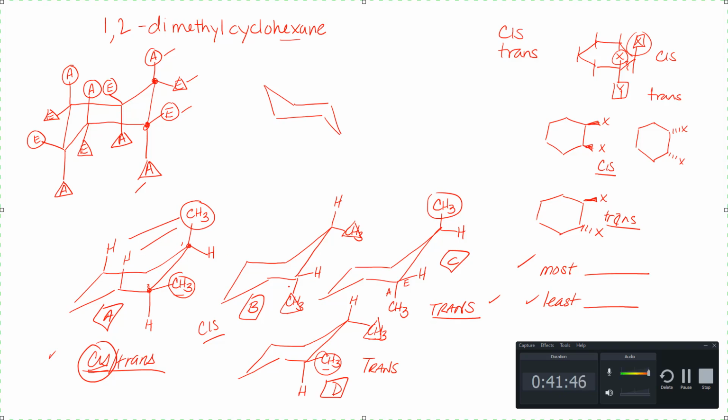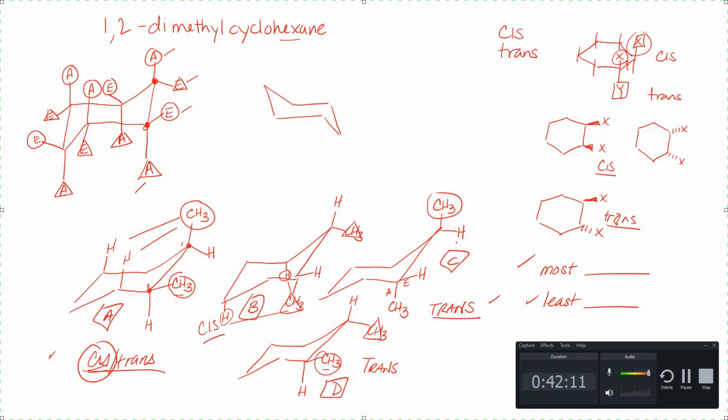In molecule B, what does it have? Well, when the methyl group is axial below, here are the 2 axial below hydrogen positions. So it also has 2. When the group is equatorial, what happens? Nothing. There's no destabilizing interactions.